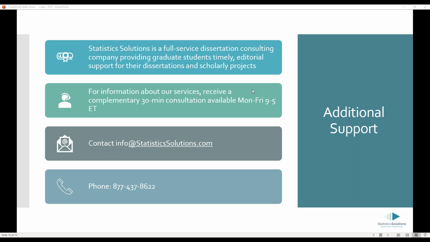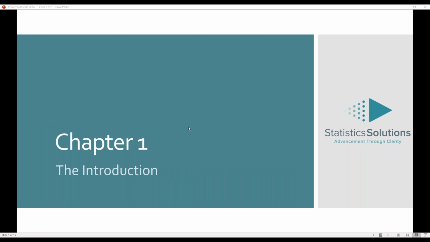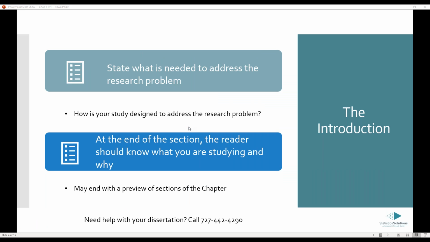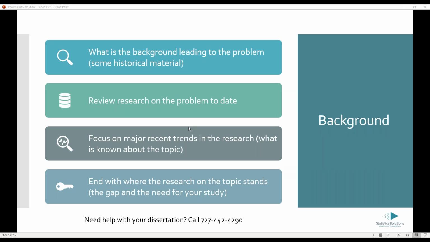I have a section where I need to speak to the history of the problem, previous approach to the problem, and current status of the problem. Can you speak to this, please? Yeah, that would be in the background section. Let me go back to that slide. The person is asking about setting up the history of the problem, the research that has been done on the problem, where the problem stands now, the research to help set up the need for your study.